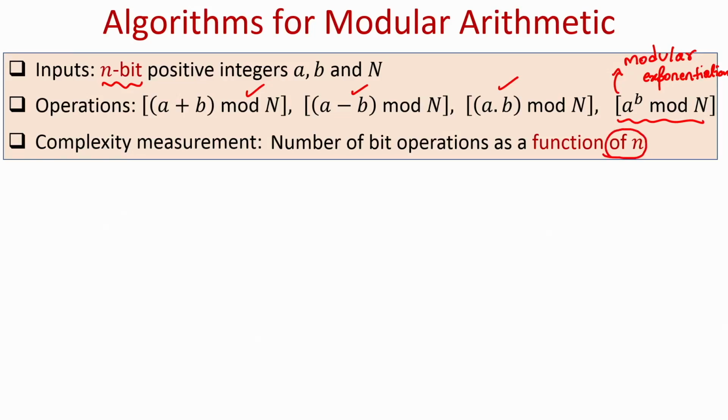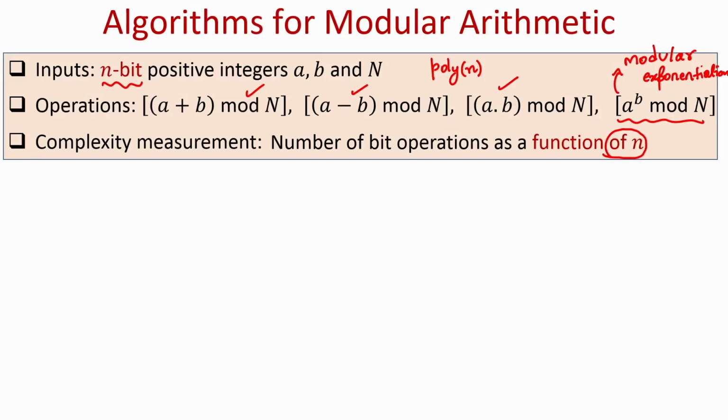Okay. And we will be requiring algorithms where the number of operations that we perform is a polynomial function in small n, because typically we prefer algorithms whose running time is a polynomial function of your parameter.